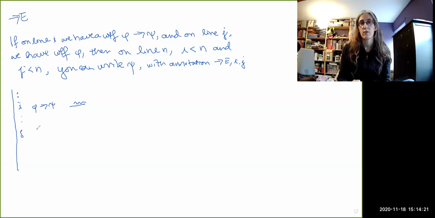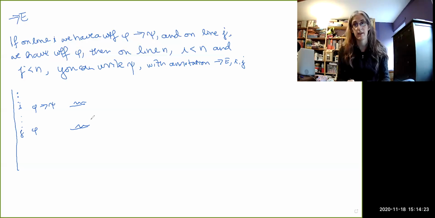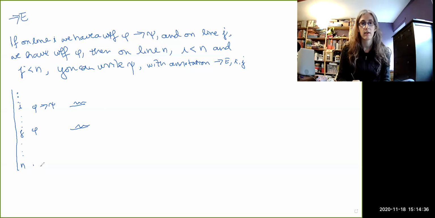On line J, you have the antecedent again with some annotation, we don't know what. And if you've got both of that, then at some point later on, so long as you're in the same scope line, you can write psi. And this is conditional elimination, lines I and J.